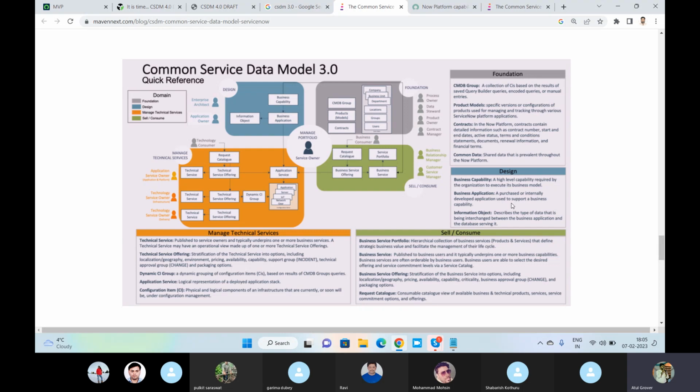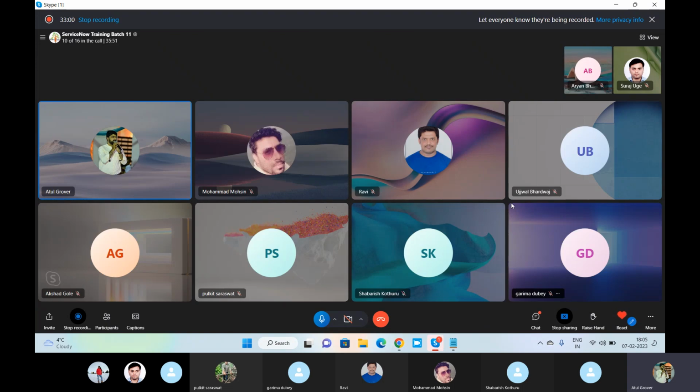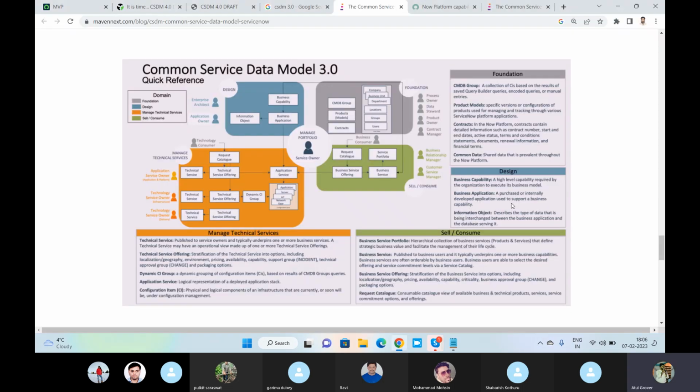Now I tell you one more thing. When I ask a question, when I say, okay, guys, switch on your videos and let's have a question answer session, how do I come to know those questions and answers? Because I noted down these questions when I was reading something, and I put some sticky notes on the wall, on the glass, or even noted them down in my notebook itself. This is the business application, so that I can provide support to the business capability.